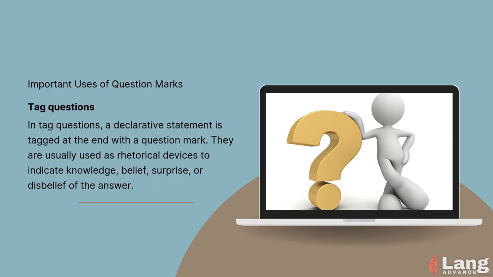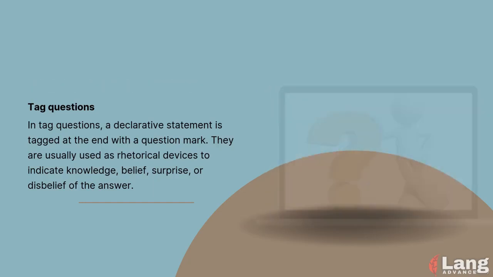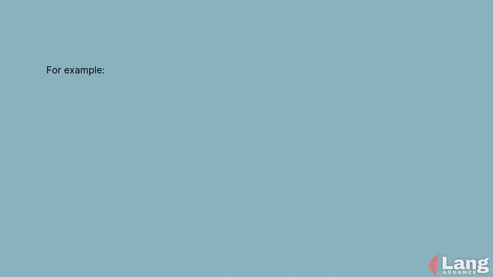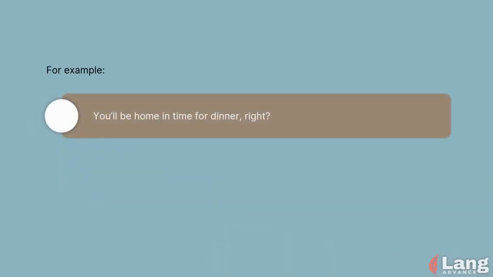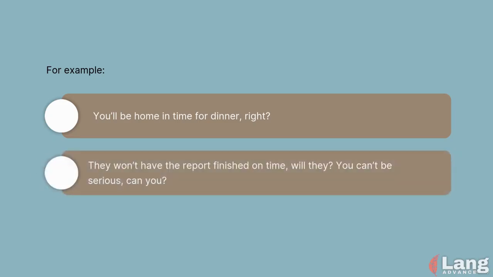They are usually used as rhetorical devices to indicate knowledge, belief, surprise, or disbelief of the answer. For example, you will be home in time for dinner, right? Here, "right" is the tag question. They won't have the report finished on time, will they? You can't be serious, can you?